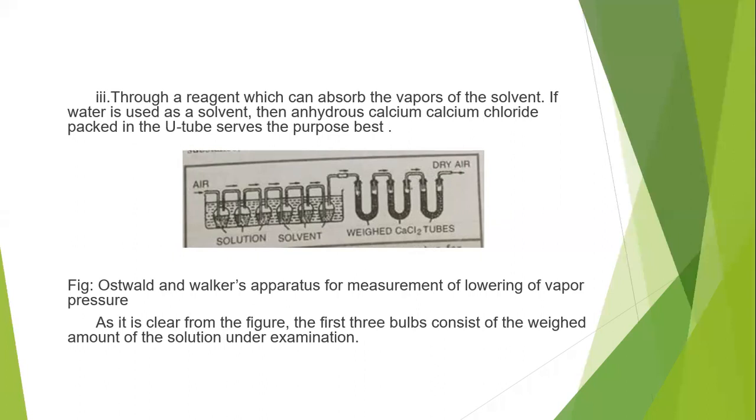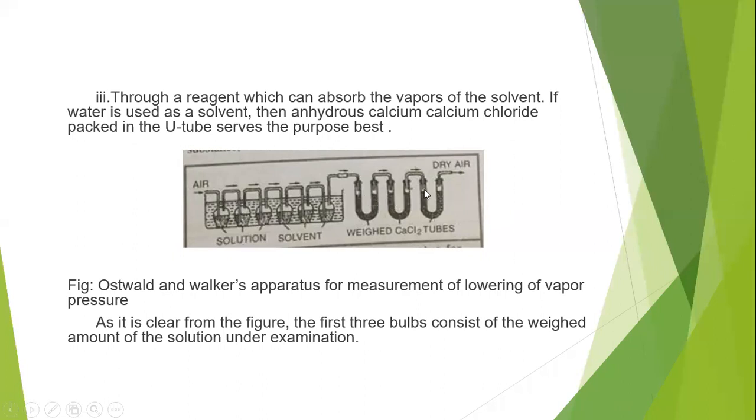The apparatus which is used for lowering of vapor pressure in the gas saturation method consists of three parts. The first part consists of three chambers, which contain the solution, and the second part has the solvent, again with three chambers. And the third one is a U-tube with calcium chloride.